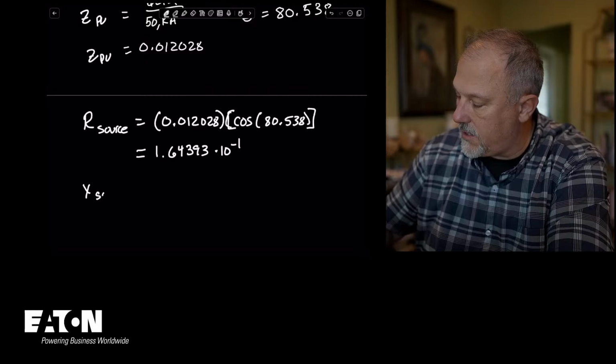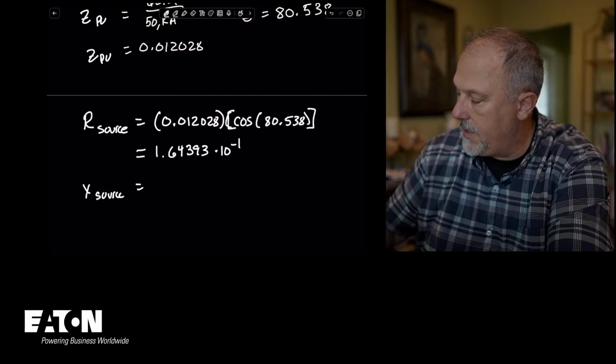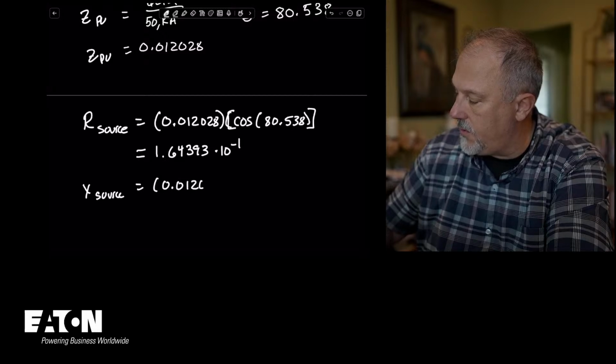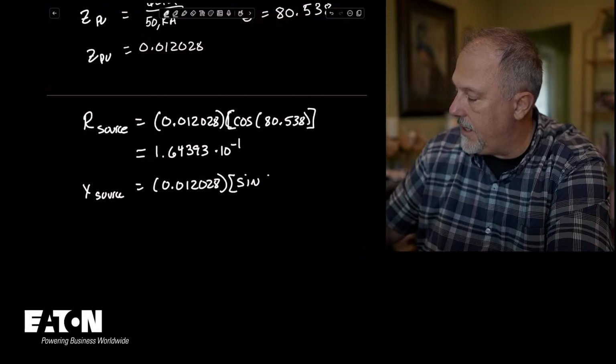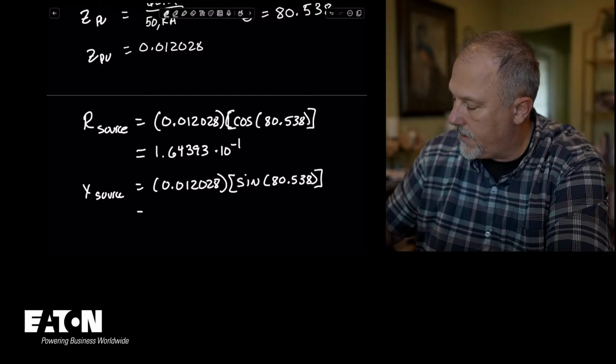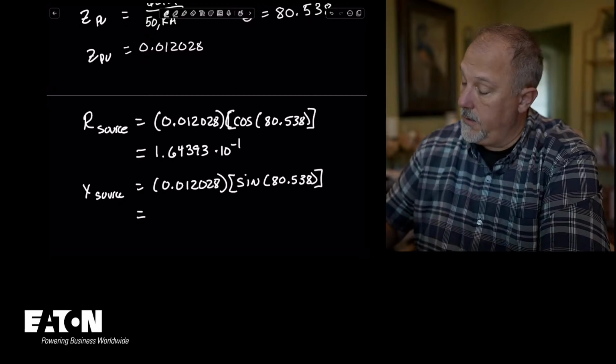My X source is equal to 0.012028 times sine of 80.538. Okay.